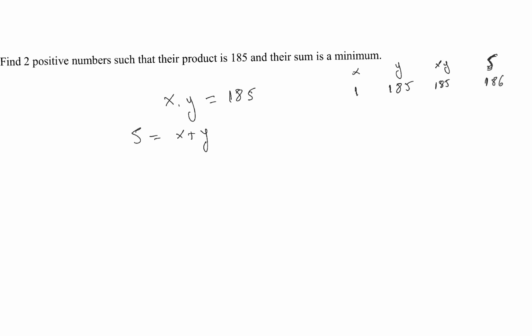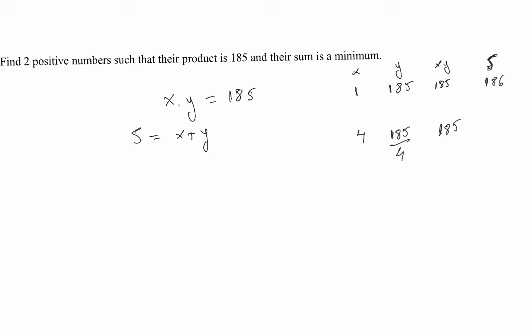For example, the 4 and 185 divided by 4, the product will be 185. And the sum will be 4 plus 185 divided by 4. 185 divided by 4 is like 45 maybe, 46.